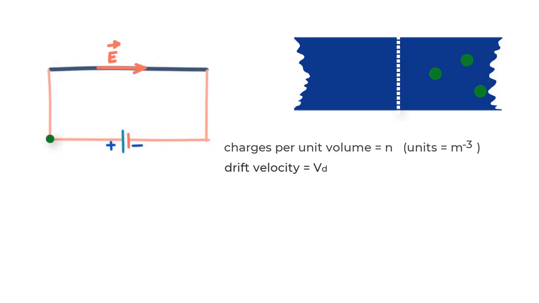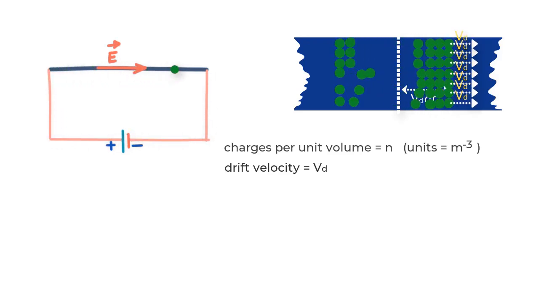Then if we take this as a section through which the charges are streaming, then in dt seconds, a charge here would have moved a distance Vd dt, and behind it several charges would have gone past this line. In a way, in time dt, this volume containing charges has moved past this section.